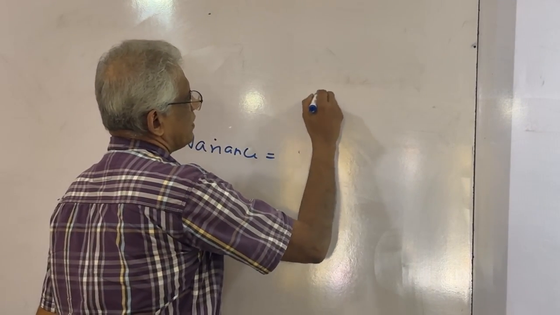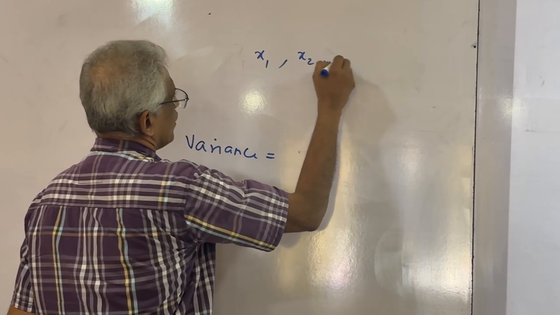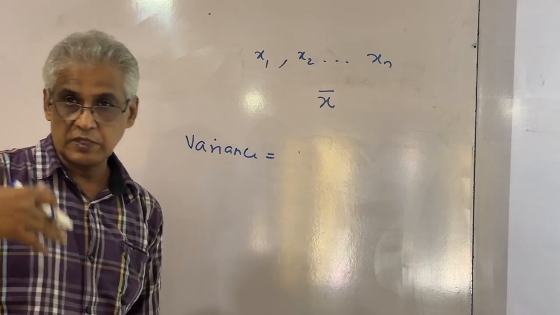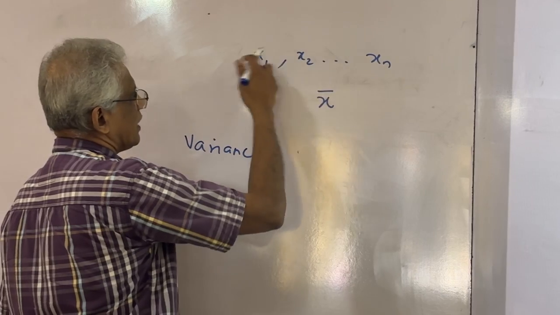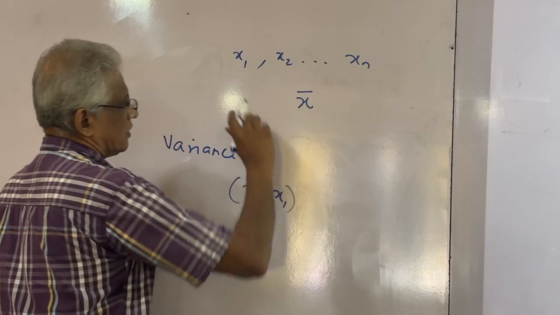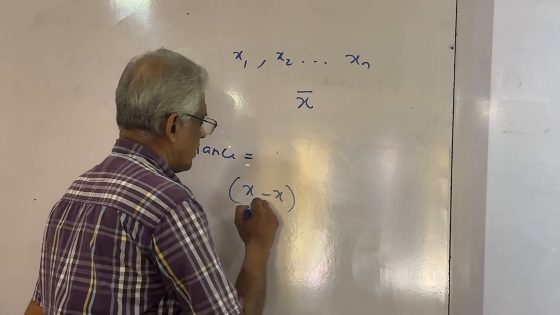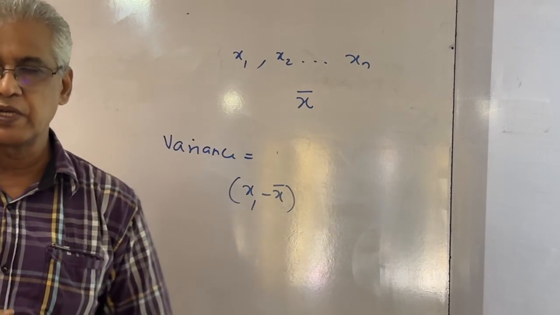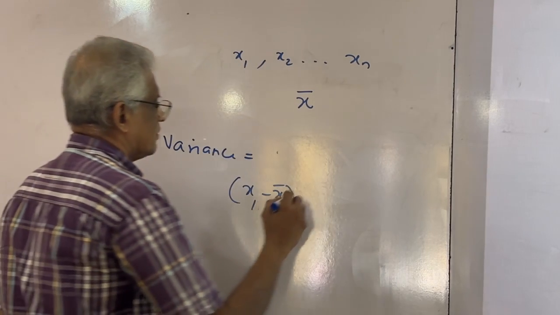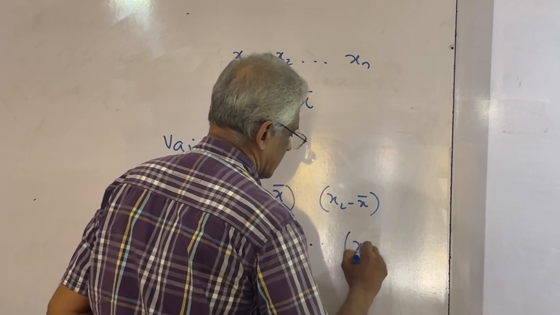Once you have calculated the mean, suppose you have x1, x2 up to xn individual observations, and suppose x bar is the arithmetic mean, then the distance between x1 and x bar will be equal to x1 minus x bar, right? That is the distance. For example, this may be x1 minus x bar. This can be positive or negative depending on whether x1 is smaller than x bar or larger than x bar. And the second distance will be x2 minus x bar. Like that you can look at the distances, xn minus x bar.